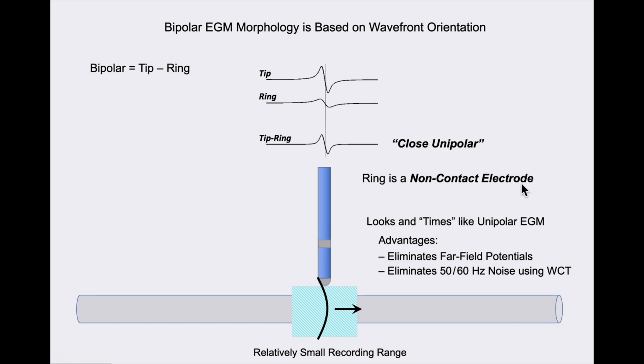We call this kind of bipolar electrogram actually a close unipolar electrogram because we can use it for timing. And so anytime the ring or second electrode is not in contact, we have this close unipolar electrogram when we record in the bipolar mode. So this is actually a better way to record the unipolar electrogram.